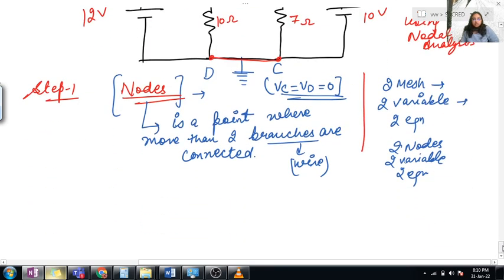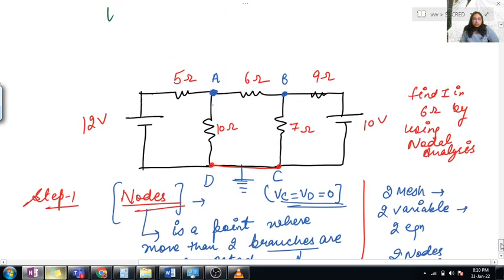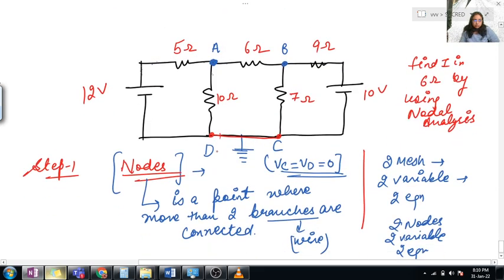Similarly in this case, at each and every point the potential is the same, because there is no element connected across it. We have done grounding, and at the grounding position the potential is always 0. So in this case VD is equal to VC is equal to 0.